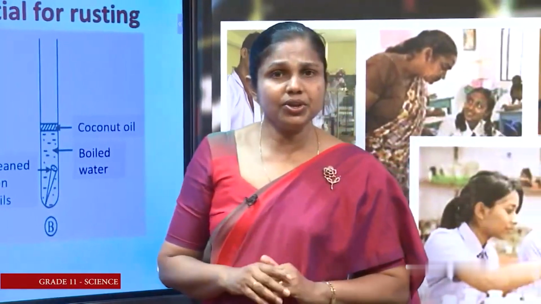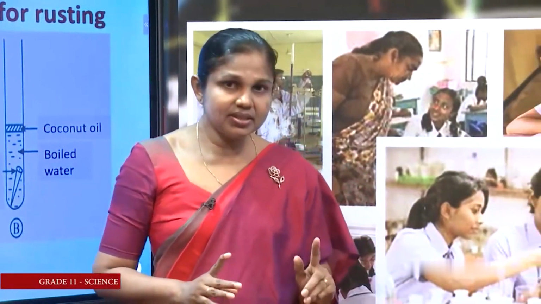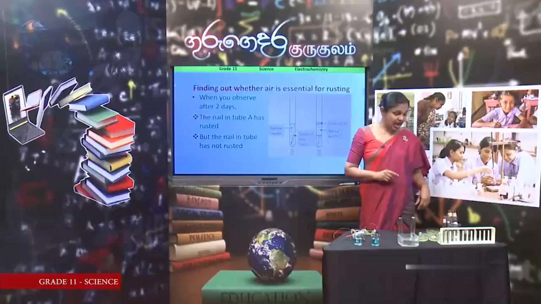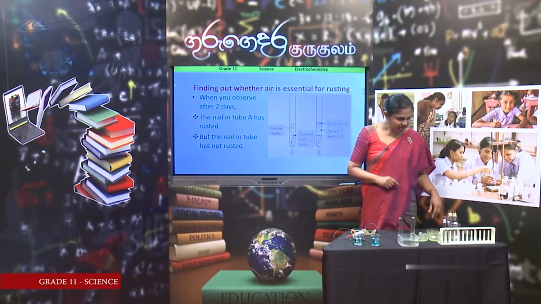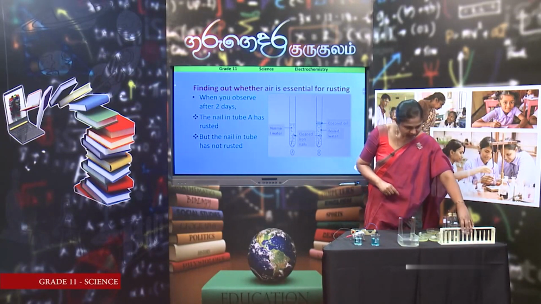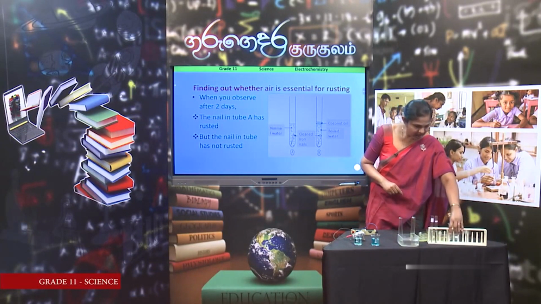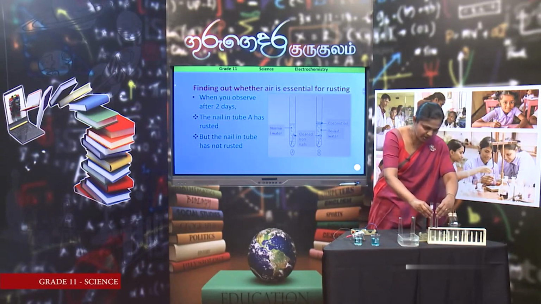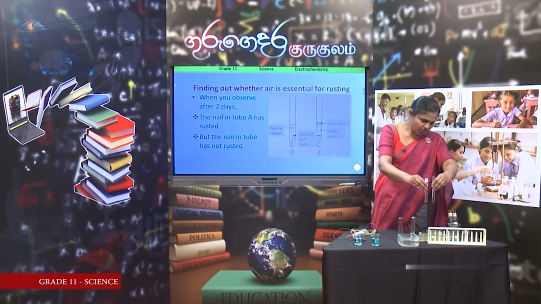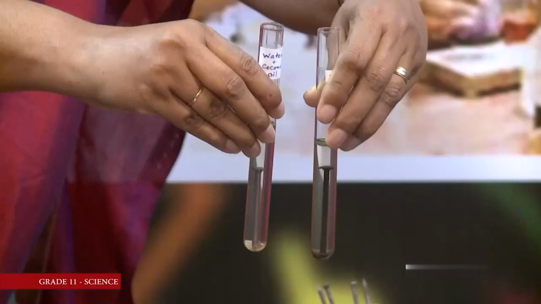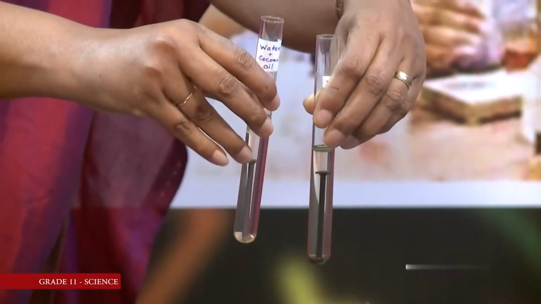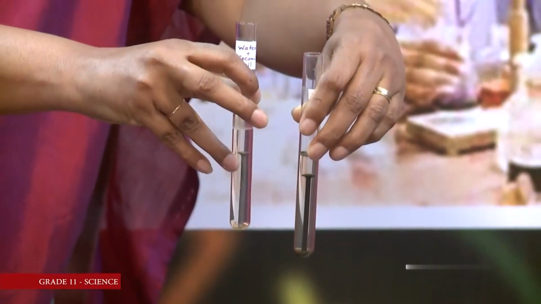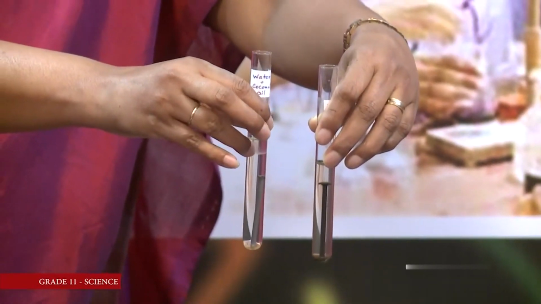Right, I will show you, children, the real setup that we can arrange to do this activity. Okay, right. Here I have 2 nails. One nail has only water and the other has boiled water and a layer of coconut oil.